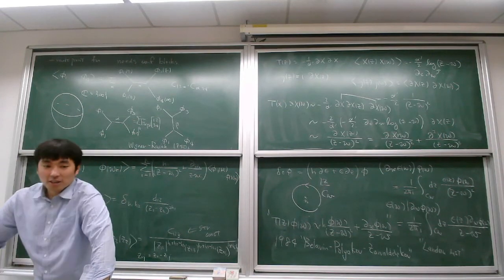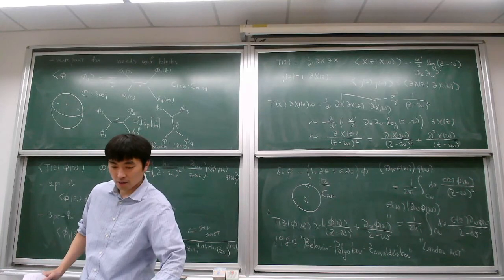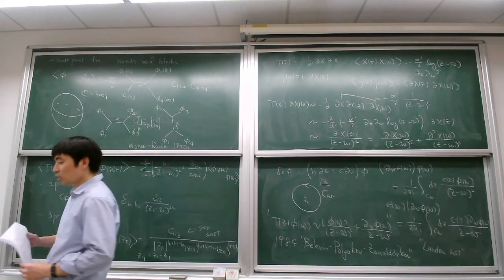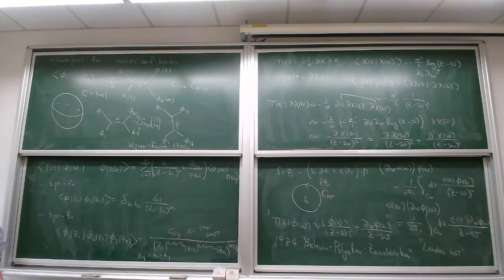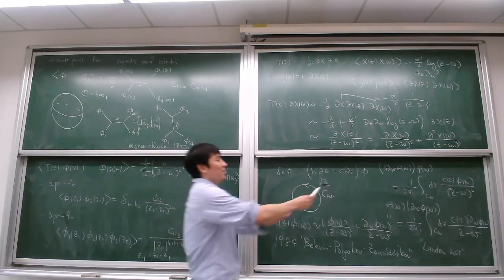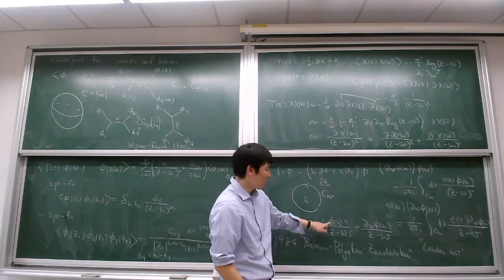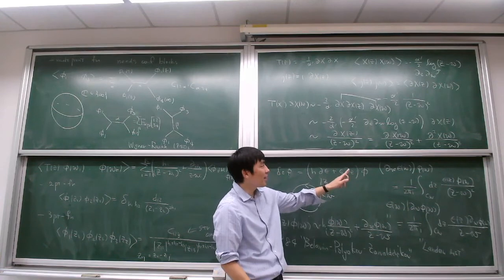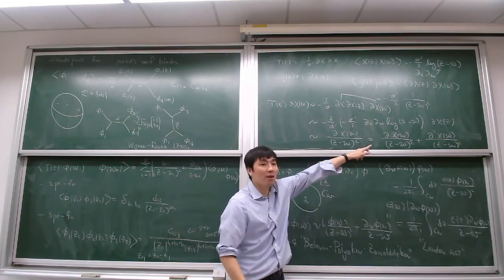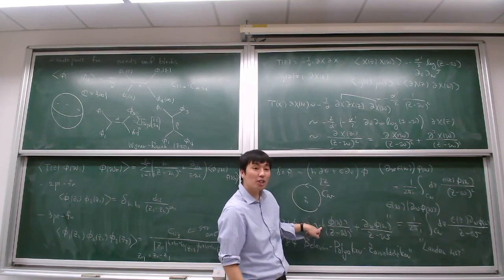Just speak out. 1. Yes, you can just compare this part and this part. If you replace phi by del X, you get exactly the formula there once you substitute h equal to 1.